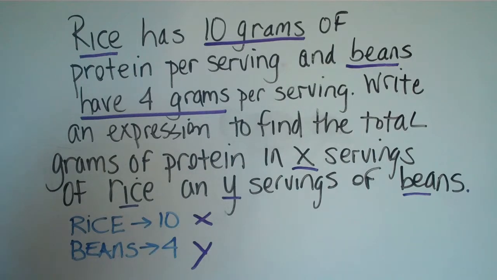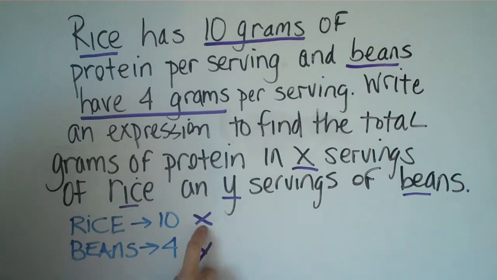And you know, if you have 3 servings of rice, well then it's just 3 times 10. If you had 5 servings of beans, it would be 5 servings of 4 grams of protein per serving. So 5 times 4 would be 20. It's the same with the variables.